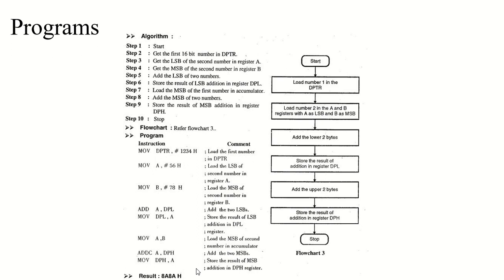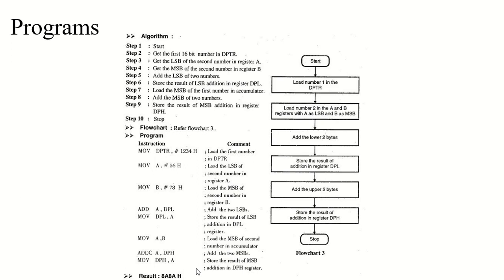Now that the addition is done, again you have to move this result from accumulator to DPH. Just like we did after the addition of the two LSBs, we are going to do the same thing after the addition of the two MSBs. We are going to use the move instruction to move the result of the addition from accumulator to DPH.